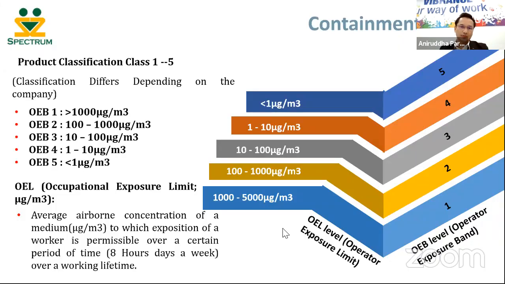Now, we'll come to equipment sizing and selection. Typically, how would these bandings help somebody who is setting up a company or a new factory? You can always design for a higher OEB band, which will give you flexibility. There's no harm in making an OEB3 level product in an OEB5 containment facility.